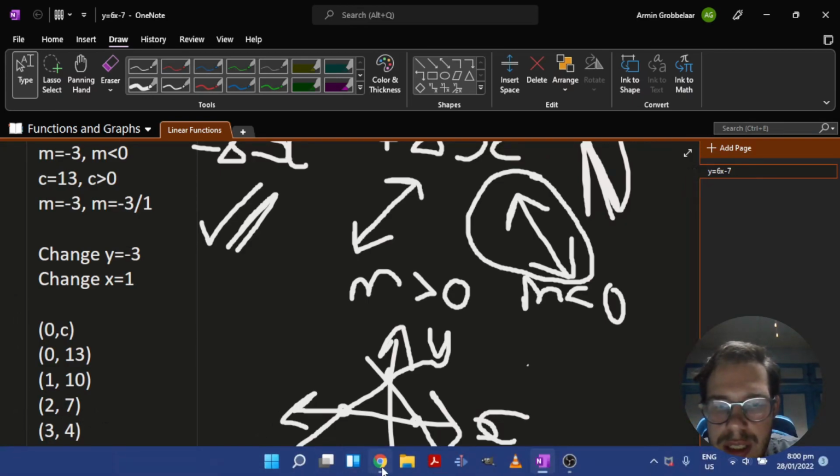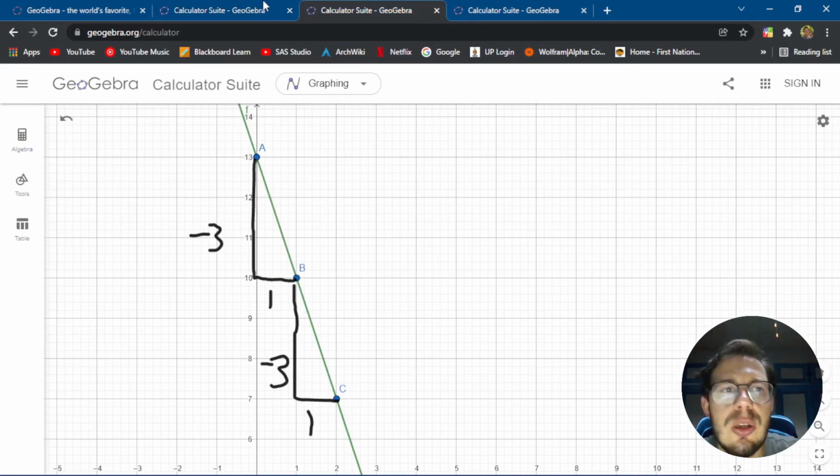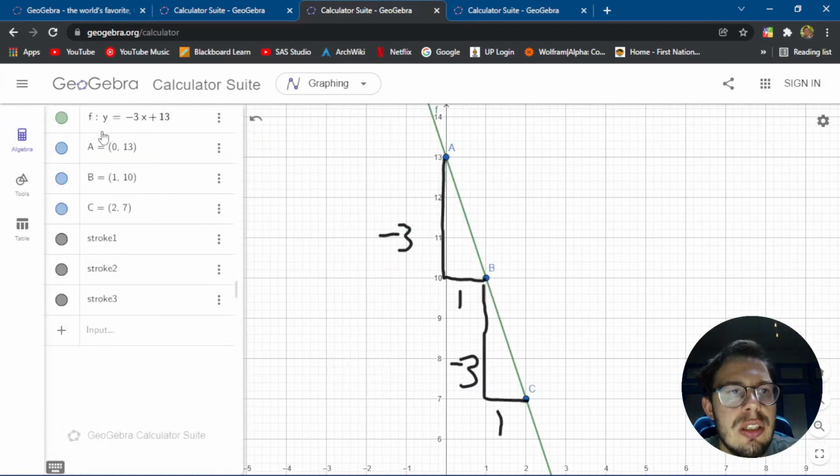So you can see here in the second one, our function is y is equal to minus 3x plus 13, and I'll have our first point 0, 13, which is here. Now because the change in y is negative, we go down 3 points, and the change in x is positive 1, so we go to the right 1 point to b, which is 1, 10.